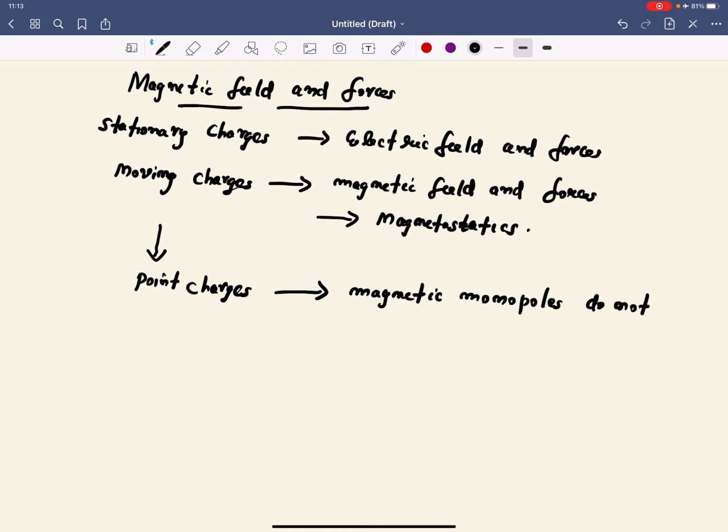So you will naturally think about currents, the steady currents, as a source of charges that can produce some magnetic field.